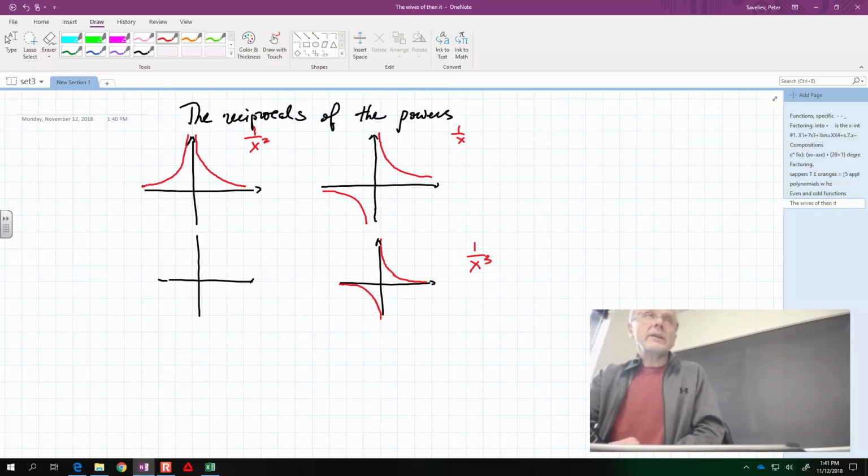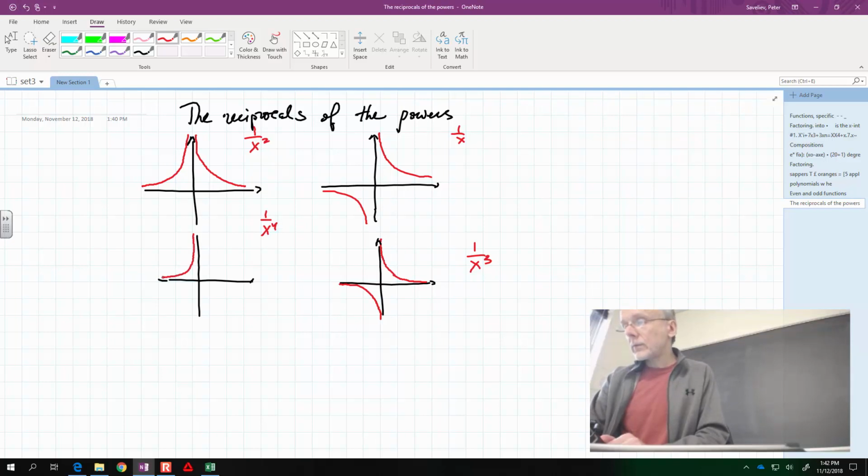The same idea, only the function remains positive at all times, and in addition, it also makes it even. And 1/x to the fourth has this more extreme behavior as far as the asymptote is concerned. So once again, these are even, and these are odd.